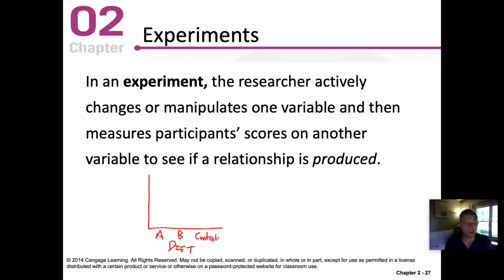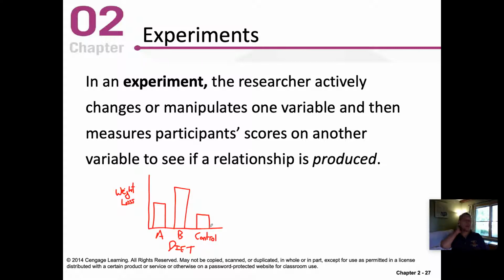And over here, you might graph weight loss. You may find that with diet A, you lost 10 pounds. With diet B, the average participant lost 20 pounds. And with diet C, the control, people lost 6 pounds.